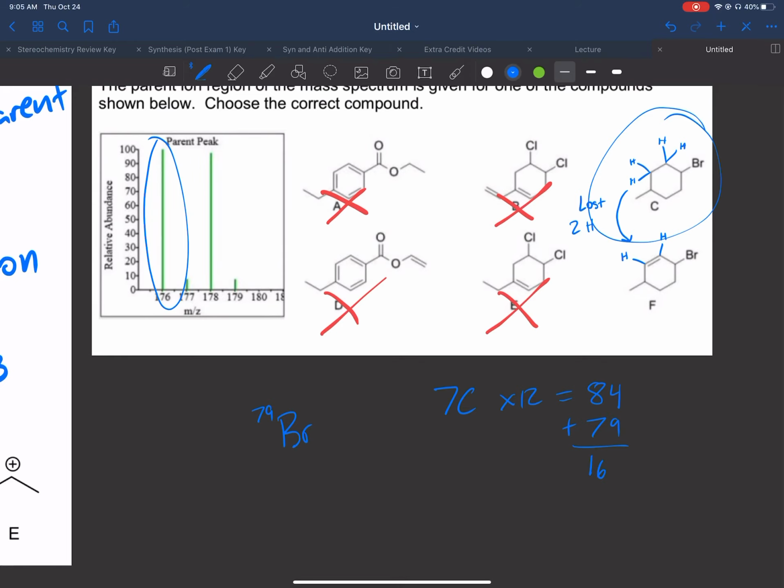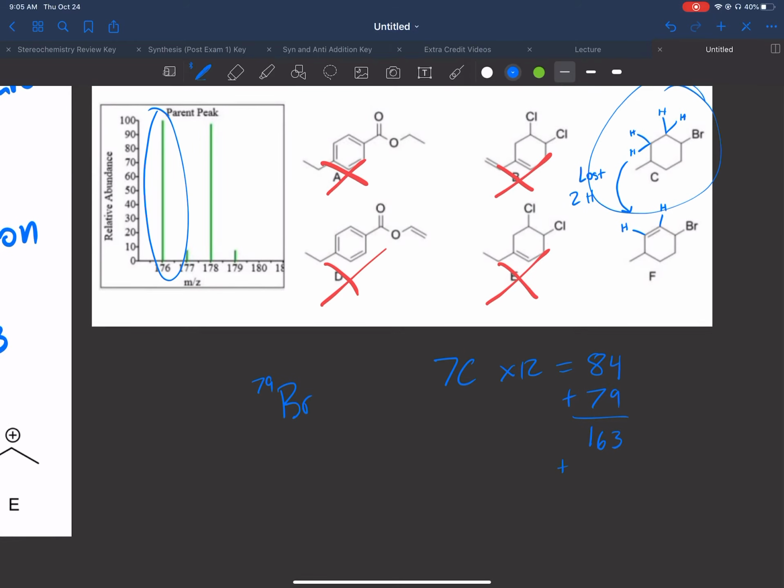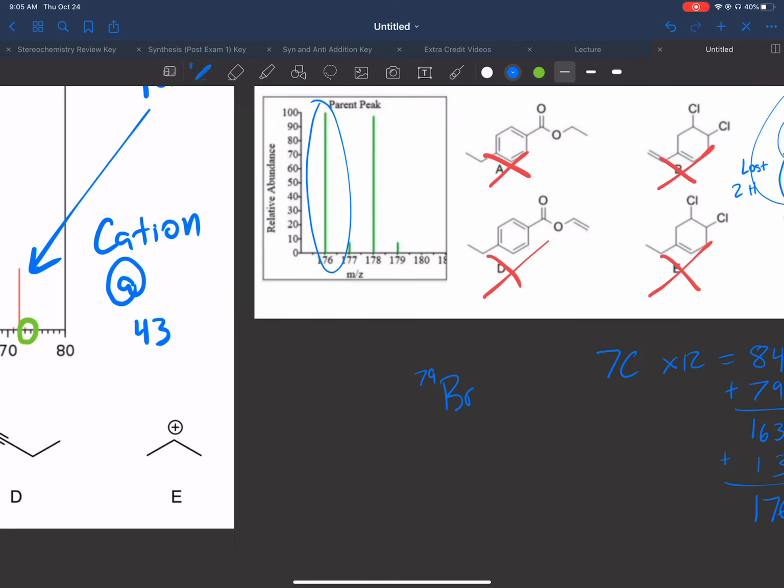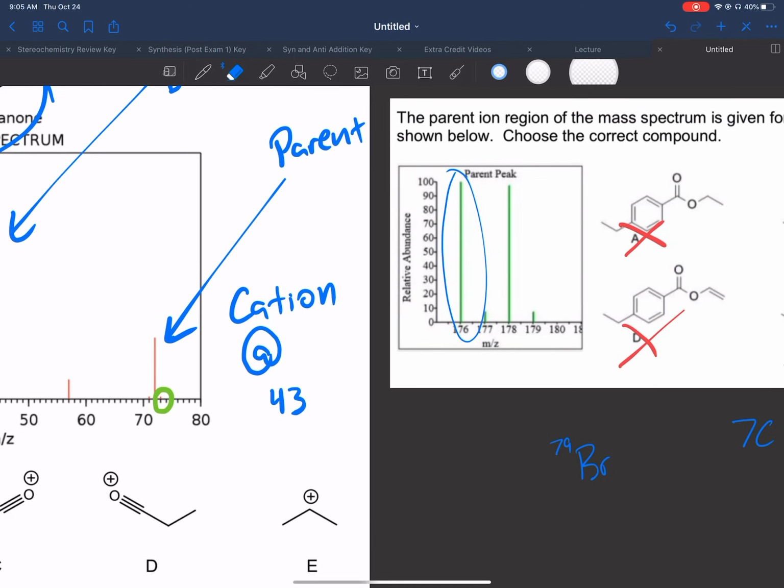That's going to be 163. Plus, we're going to have a total of 1, 2, 3, 4, 5, 6, 7, 8, 9, 10, 11, 12, 13 hydrogens. Right, so that's 163 plus 13. We're going to get 176. 176 perfectly hits that peak.